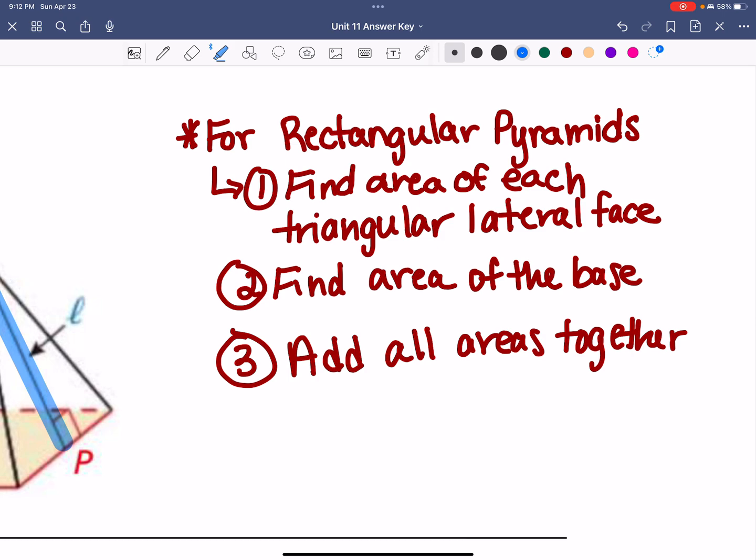Then I need to find the area of the base, that lovely rectangle, and then finally I can add all the areas together. There's really no other way to do this for rectangular pyramids. Just like if we have any other kind of irregular shape, we will have to use this specific formula. And remember, regular polygons are polygons whose sides are all congruent.